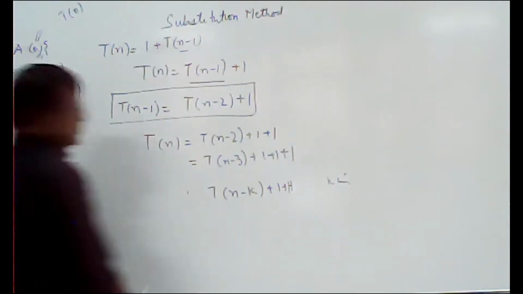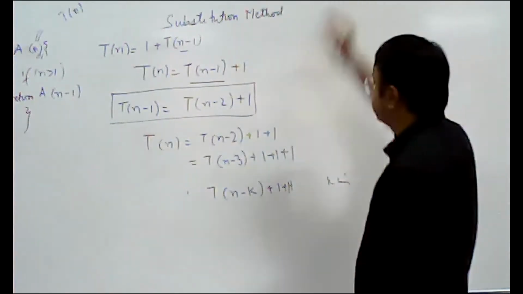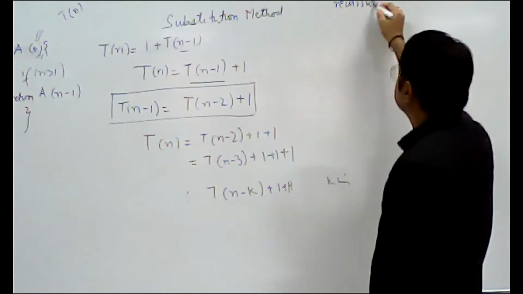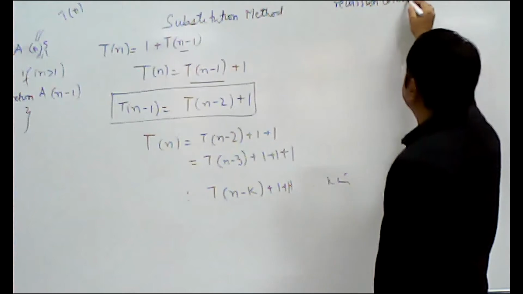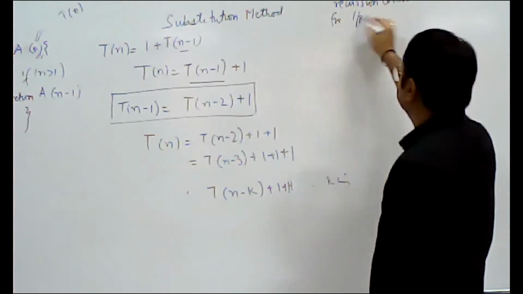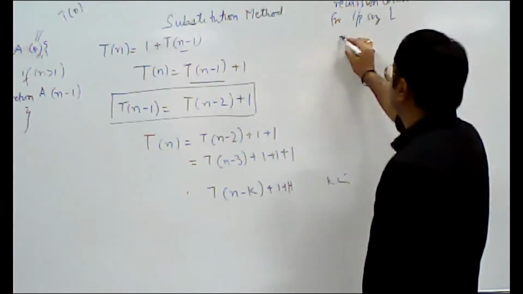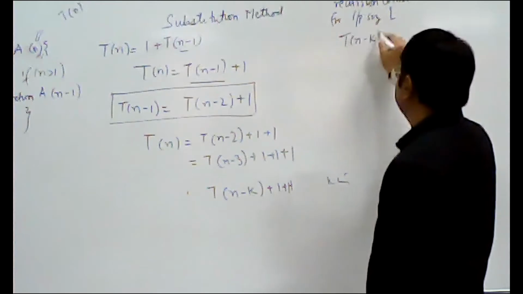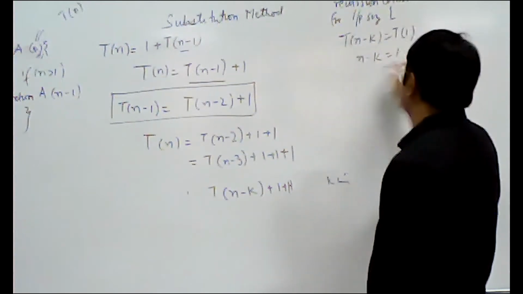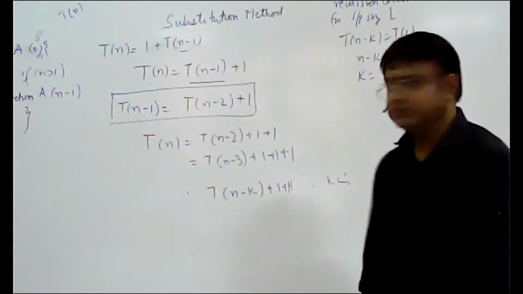Okay, so when will this recursion terminate? This recursion terminates for input size 1. It means it will terminate when T(n minus k) becomes T(1). So n minus k will become 1, so k is equal to n minus 1.